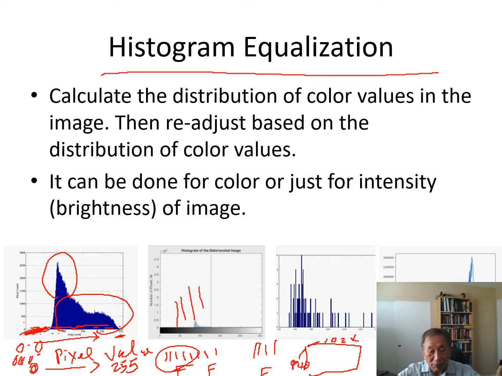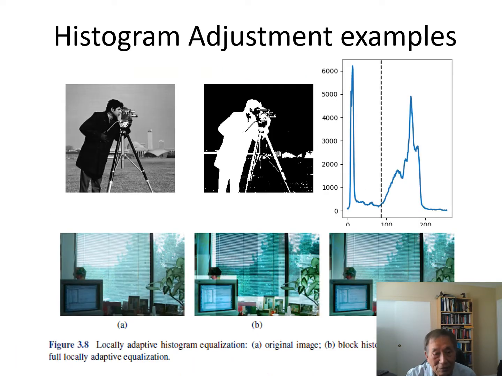Then we want to spread it out. That's equalization. Here is an example of this kind of picture. When we look at it, mostly there is some dark part hitting in here, and the gray part goes a little brighter here. It's a reverse of that one.